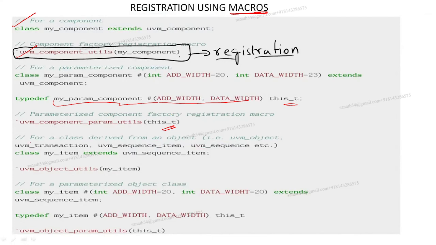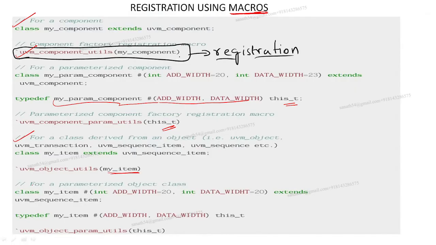For classes derived from an object, such as uvm_transaction, uvm_sequence_item, uvm_sequence etc., how to write? Class my_item extends uvm_sequence_item, `uvm_object_utils(my_item). This is for a class derived from the object.